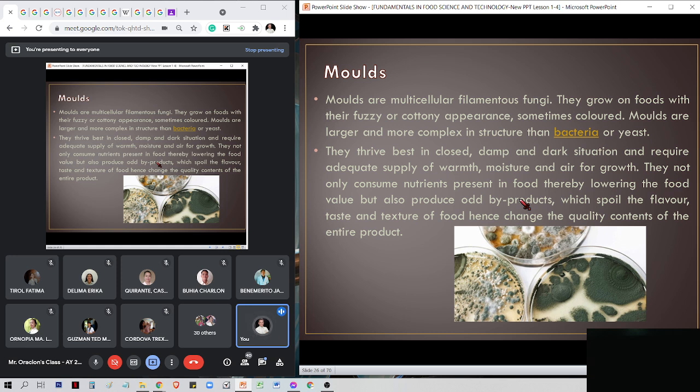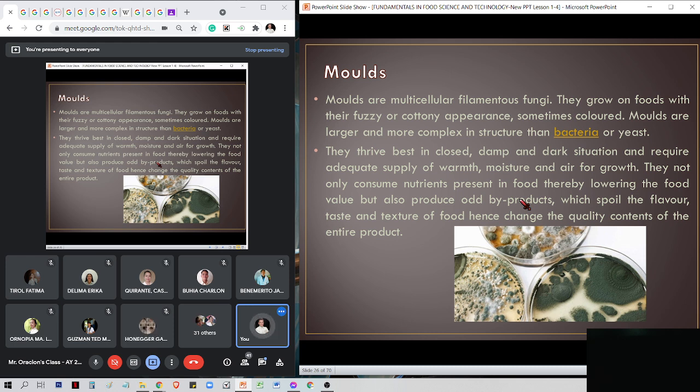No matter how long you store the food, even if you preserve it, you cannot avoid molds once there is a presence of air, moisture, and imbalance of temperature.